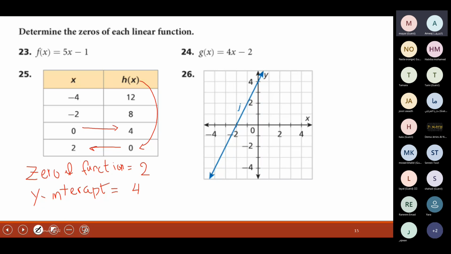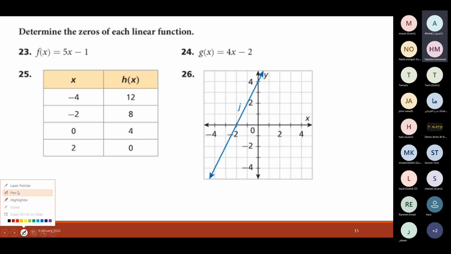Is it clear? Teacher, I didn't understand. Can you repeat? Okay. Okay, Hala. See, where's the 0 of the function?